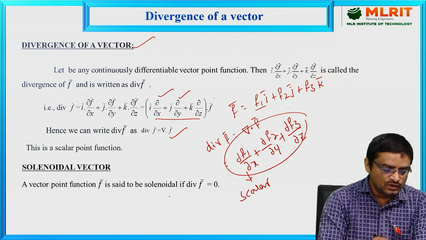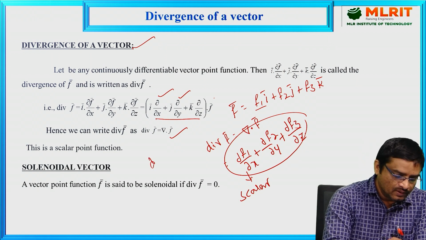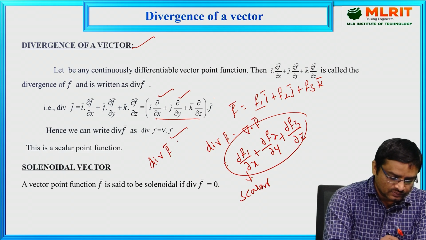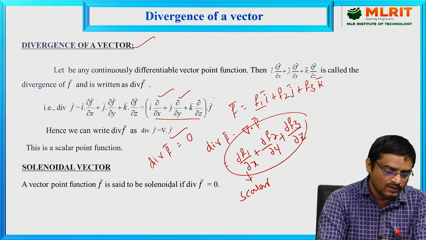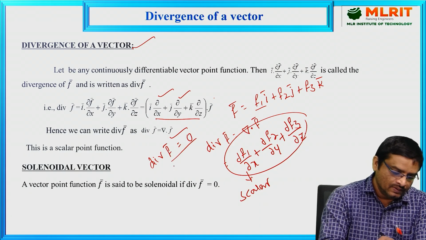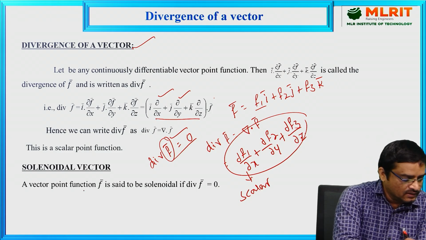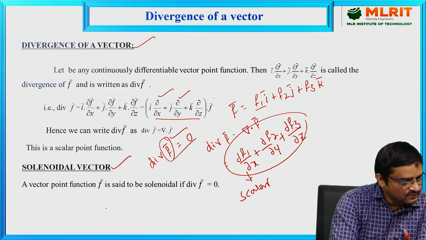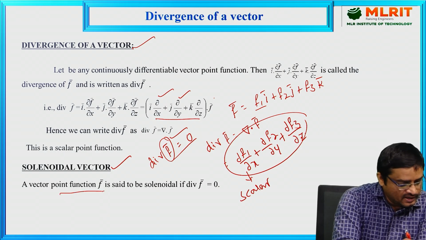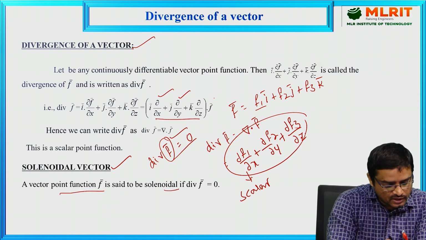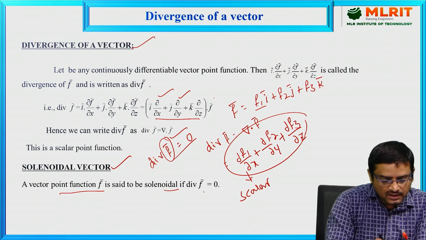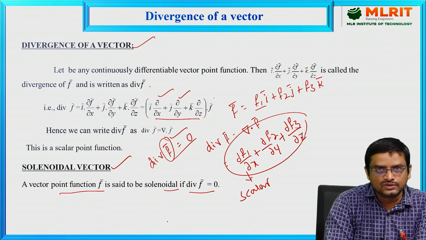Now whenever this div f bar value is equal to 0, then whatever vector we have considered, we can say that vector is a solenoidal vector. So a vector point function f bar is said to be solenoidal if div f bar is equal to 0.